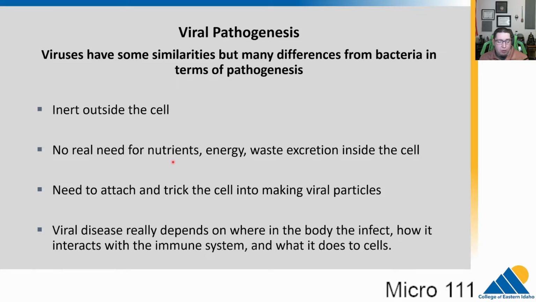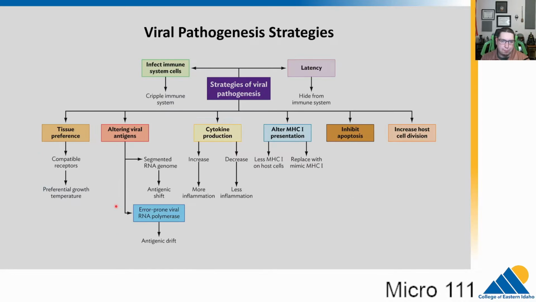Many viruses are very specialized to how they attach and trick their way into the cell and trick the cell into making more copies of them. In a lot of cases, we're going to talk about how they get in, what they do inside of the cell, and in some cases how they interact with the immune system, because of course they have to avoid it.